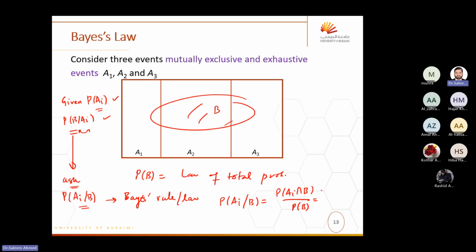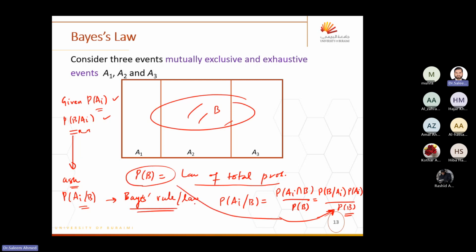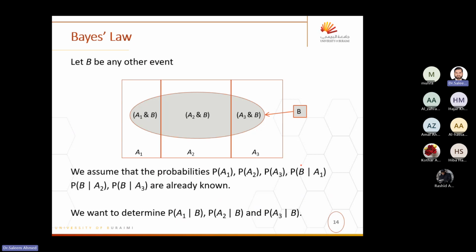And then I can write this B intersection Ai as probability of B given Ai into probability of Ai divided by B. So see, in the denominator, I need the probability of B, which comes from the law of total probability. So within the Bayes rule, I need the law of total probability, both of them.